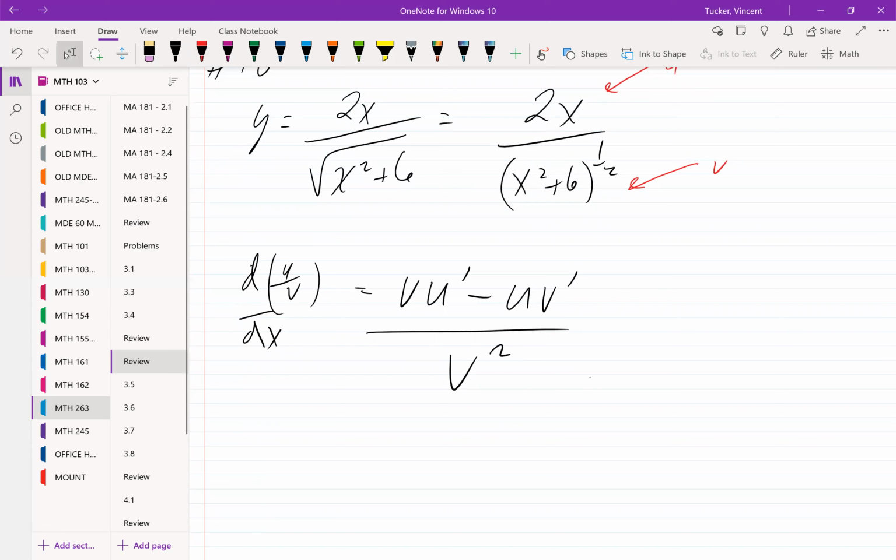All right. So if I'm going to use the quotient rule, derivative of u over v, I'm going to do v u prime minus u v prime over v squared. My u, of course, is going to be in this case 2x. V is going to be, as a matter of fact, I'm going to do that down here.